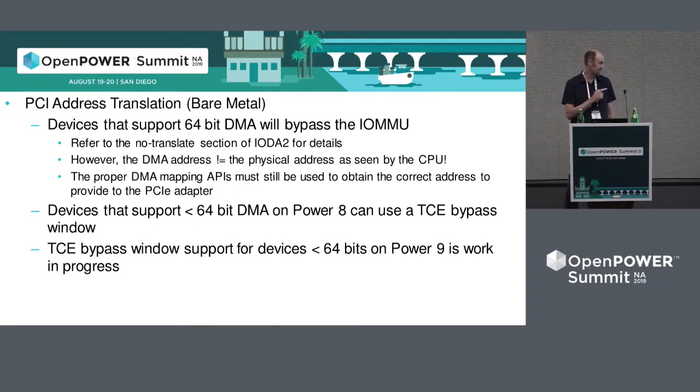We're trying to implement something like that on Power 9, but the architecture is different, the PHB is different, so there's a work in progress there. It's looking like we might have a way to do it up to 48 bits, if a device supports that.